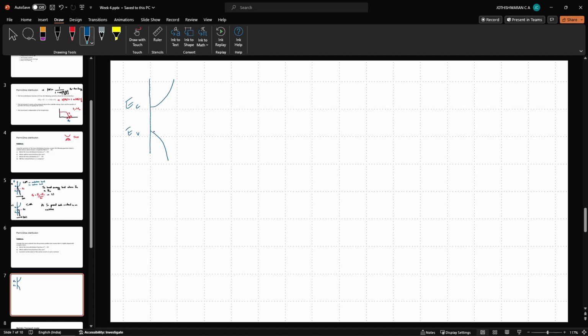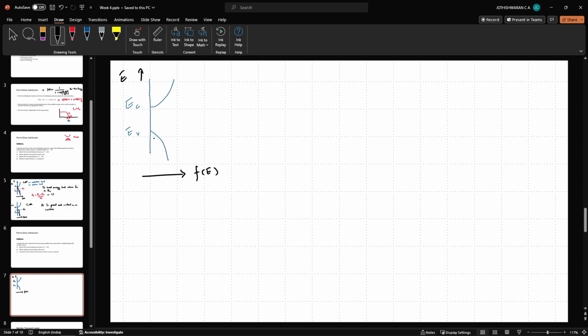However, now what we are supposed to look at before we start drawing our Fermi distribution function is, so this is where I'm going to plot. Now before we do that, this is the increasing direction of energy. What happens when energy is supplied to an electron at the valence band?